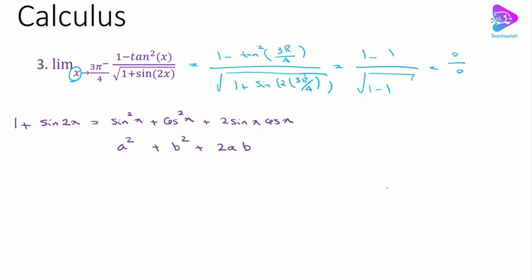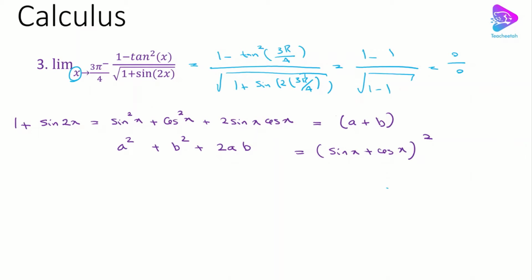So from here what we get is a plus b squared, and therefore we can write it as sine x plus cos x squared. So instead of 1 plus sine 2x, we can write sine x plus cos x squared.